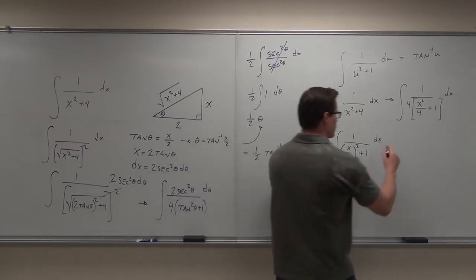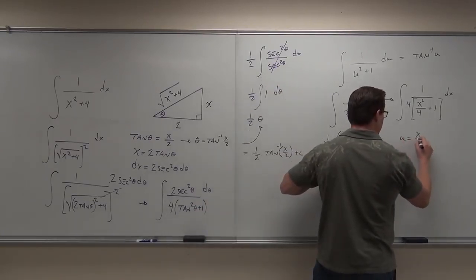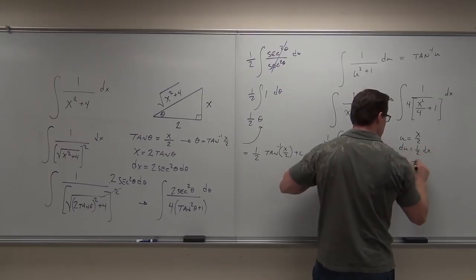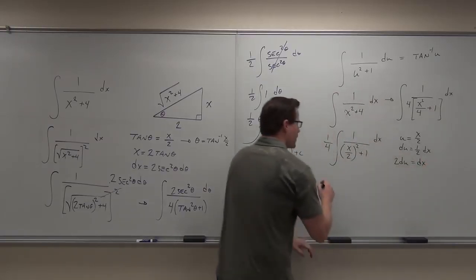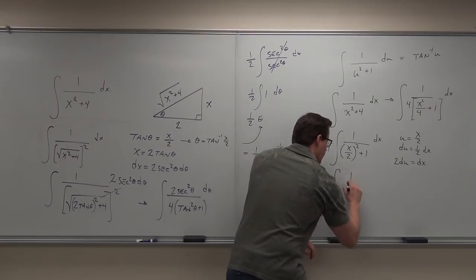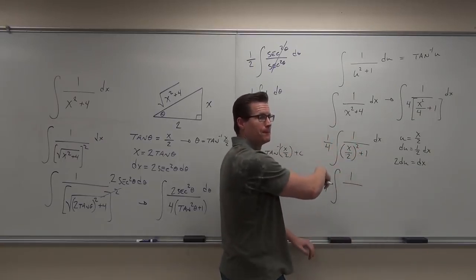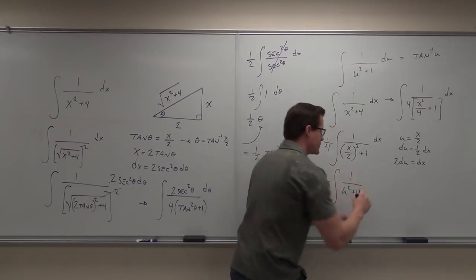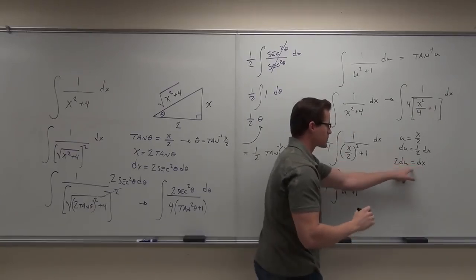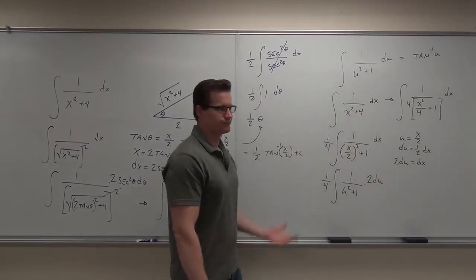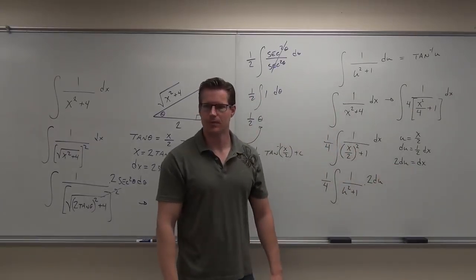Basic. So if u equals x over 2, du equals 1/2 dx, 2 du equals dx, and what we end up getting is 1/4 the integral 1 over, what's the x over 2 become? U. Yeah, u squared plus 1, and then we have 2 du. So instead of dx, we get our 2 du. Tell me next thing I'm going to do.